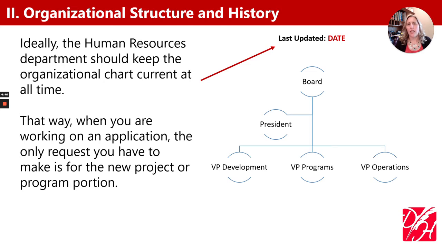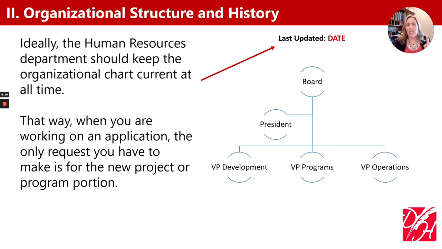The answer is yes. If we are going to supply the organizational chart to the grant maker as one of their required attachments, what we should ask our grant team members in the HR department to do is to update the organizational chart to reflect a TBH, a to be hired position, so that it can be seen where would that person, where would those individuals, if it's multiple staff, where within the organizational structure, where would they fit?